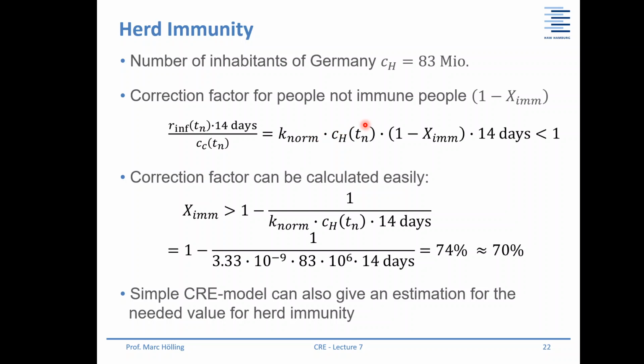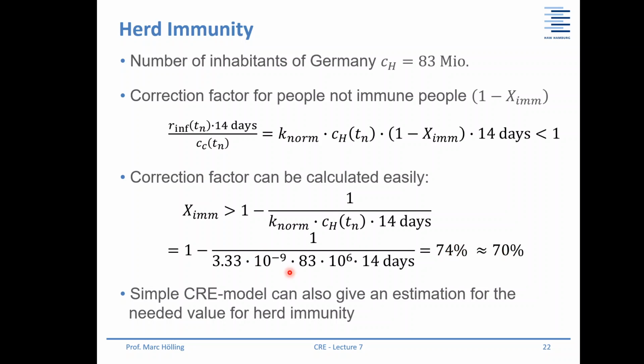The people that can still get the coronavirus are 1 minus this immune factor, or correction factor. Then we can rewrite our equation. We know the 83 million people, we know this correction factor, 1 minus x_immune, and the 14 days, and this has to be below 1. Then it's just some algebra. You put in the numbers and you end up with a factor for the immune people of 74%.